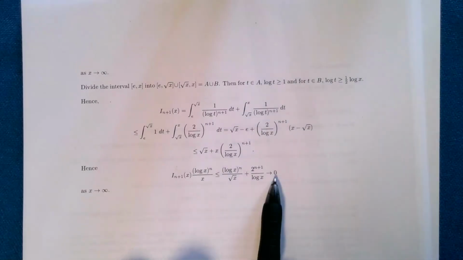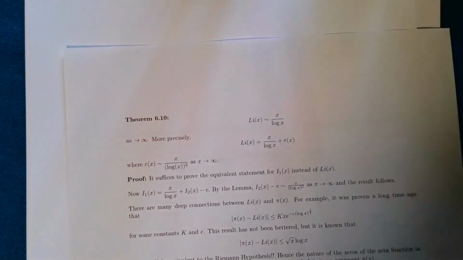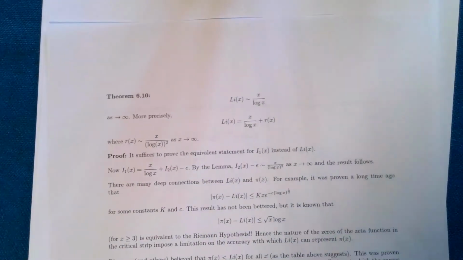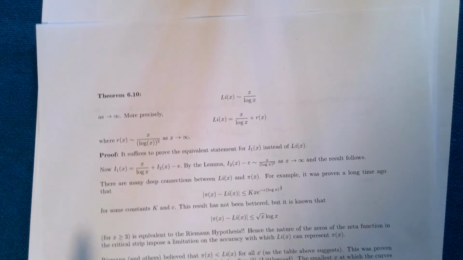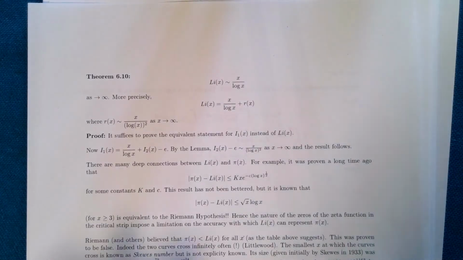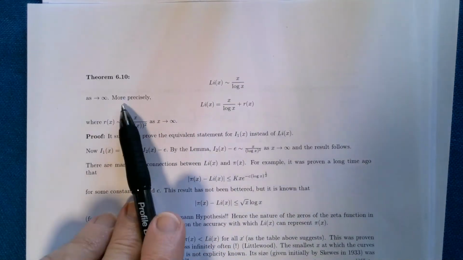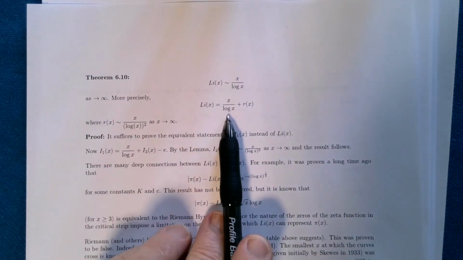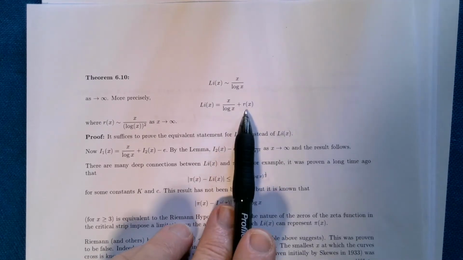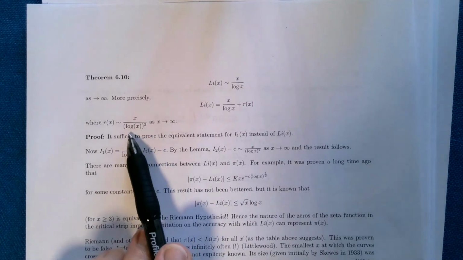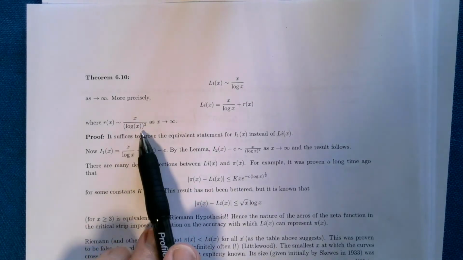Now, armed with that, we can finally prove that this Li(x) is in fact asymptotic to x on log x as x goes to infinity, or more precisely that Li(x) is x on log x plus a remainder, where this remainder term is asymptotic to x on log of x squared as x goes to infinity.